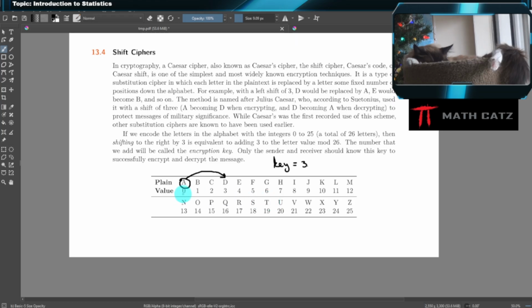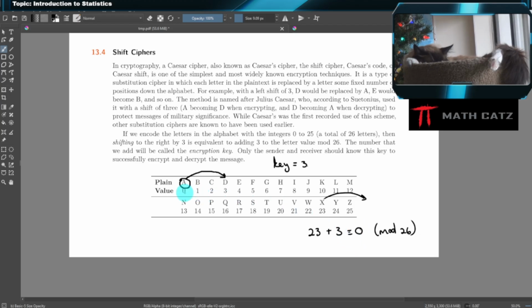But the reason why we number it from 0 on is because what happens when we get to the end here? Sure, if we get to W, 22 plus 3 is still 25. But if we look at X, we need to encrypt it to the letter A. And if we take 23 and add 3, but we do it modulo 26, then the answer will be 26, which is equivalent to 0.